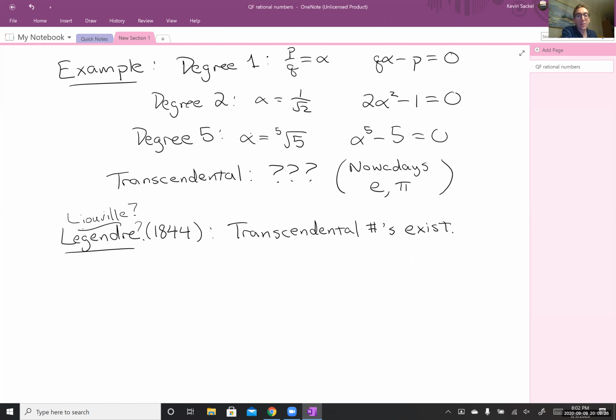So the idea is as follows. There's a proposition, or maybe a theorem, which is as follows.